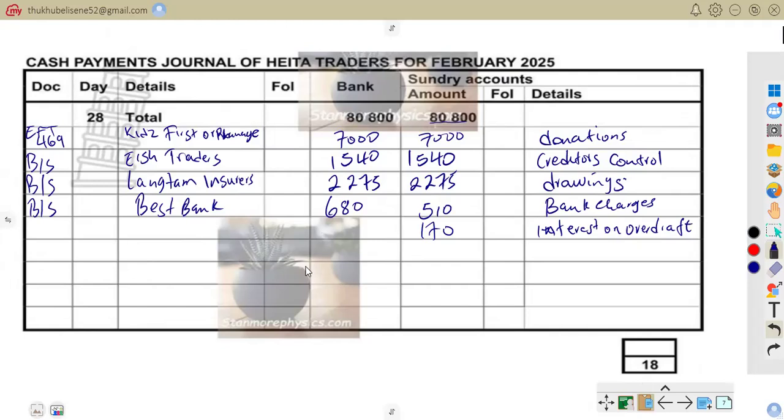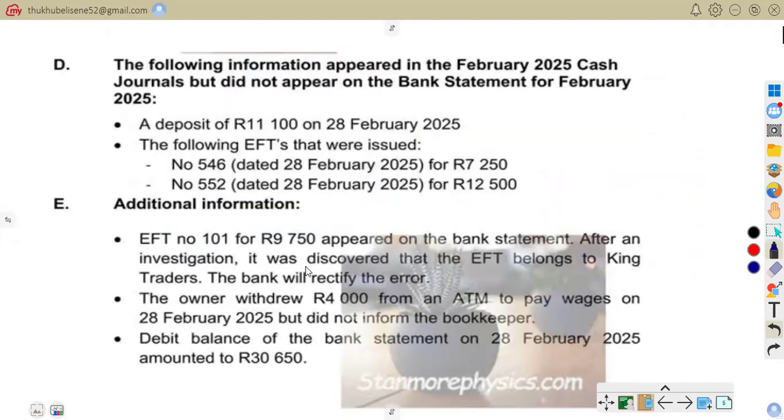Now let us move on and see what else affects our cash payment journal. If we look at E, we have again this amount of 4,000.